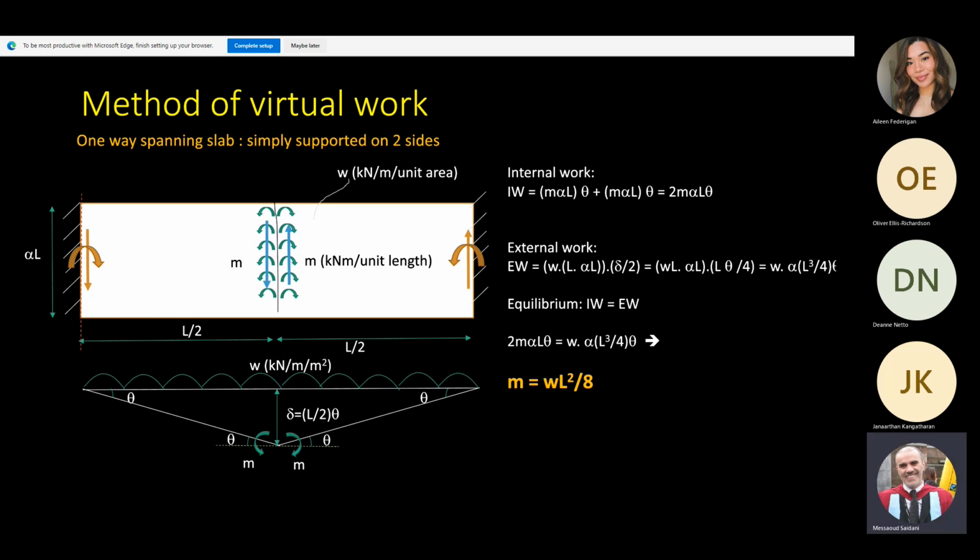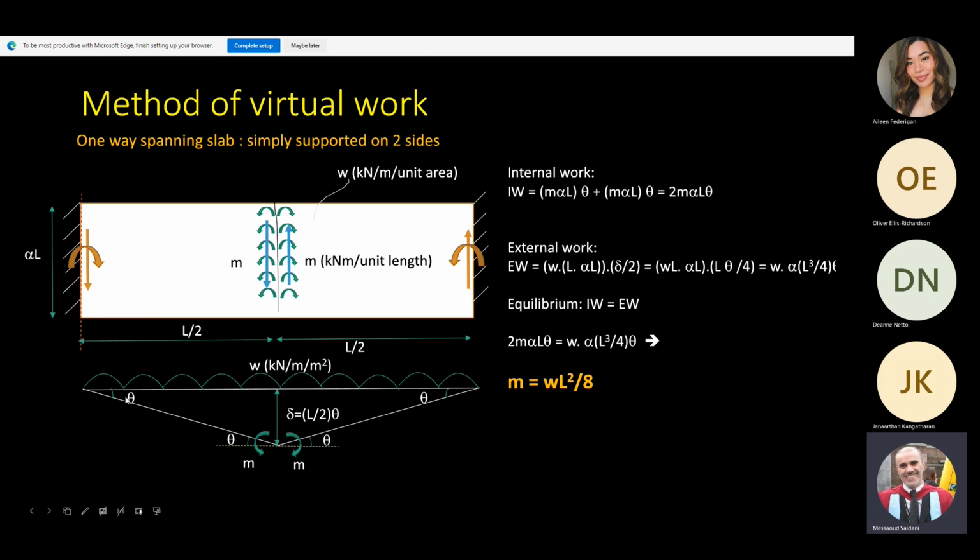If you have a UDL on a simply supported beam, what's the maximum bending moment? If you have a beam of length L with the UDL, what's the maximum bending moment? Do you remember WL squared over 8? It's the same.